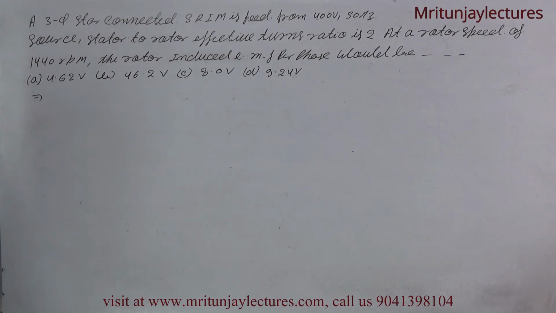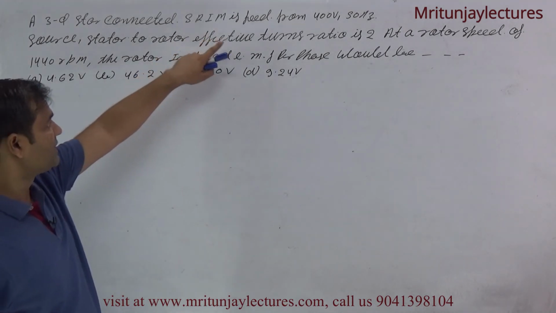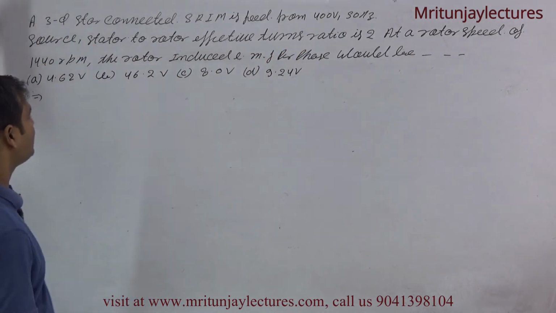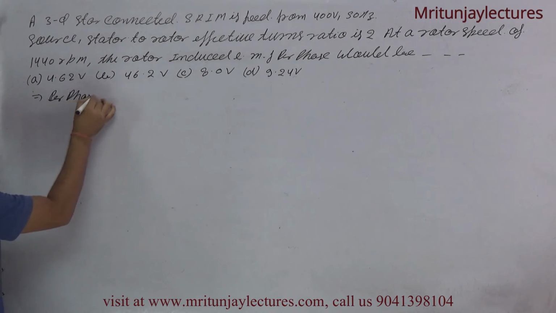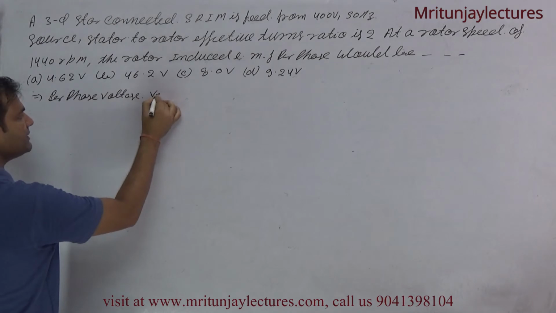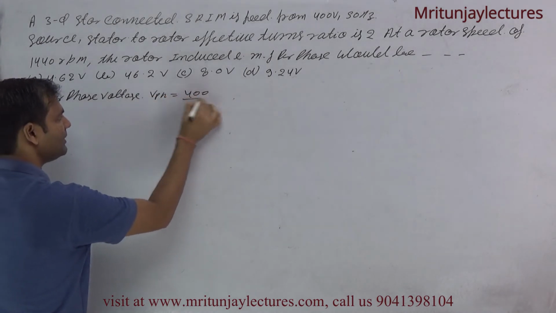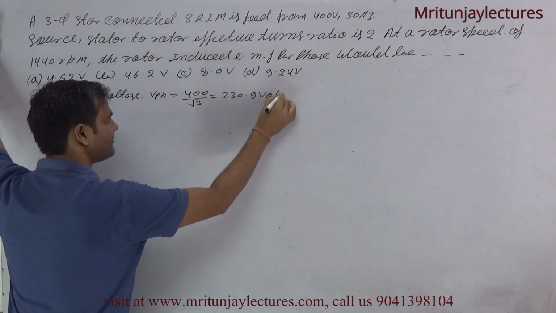Corresponding to the question, a three-phase star connected slip ring induction motor is fed from a 400 volt, 50 hertz source. First of all, per phase voltage: VPH is 400 divided by root 3, approximately 230.9 volt. Clear?